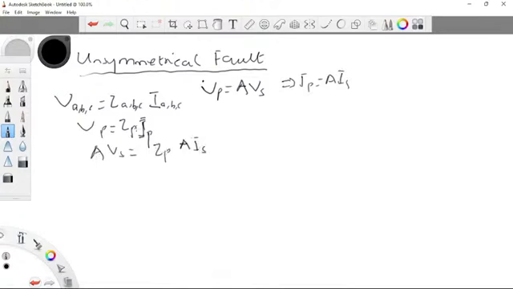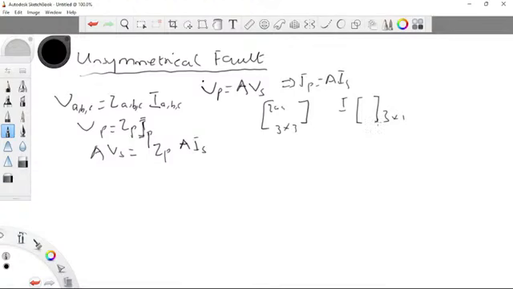People are wondering why the Z comes before the I. It's because Z is a 3 by 3 matrix and I is a 3 by 1.